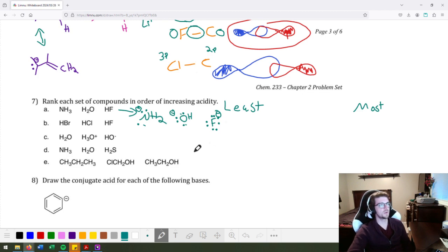Okay, so of these, there is of course no resonance stabilization whatsoever on any of these, and these are all second row elements, so we can assess the acidity here by just looking at the electronegativity of the charged atom. So it's nitrogen, oxygen, fluorine, and those in order are the same order as the electronegativity.